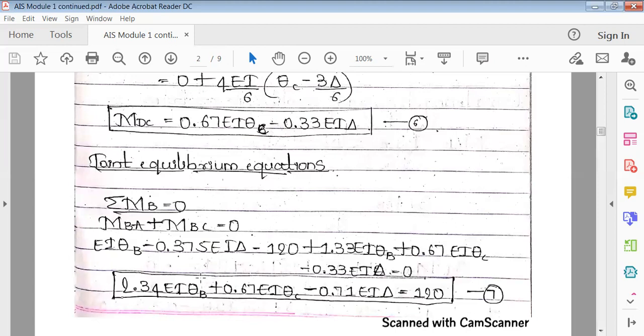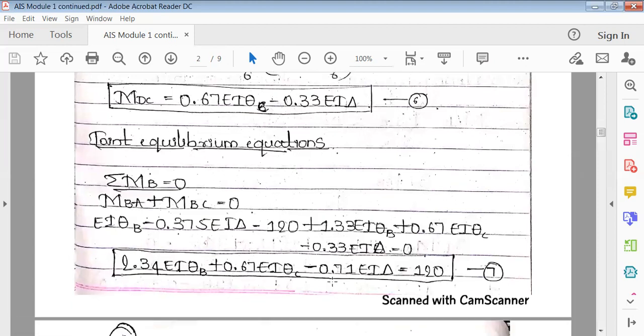So first theta B, then theta C, substitute the values here, add these values, then delta. This is minus EI delta, this also is minus EI delta, so add both of these and you'll get this. And 120 is a constant because it is minus; when it goes to the other side, it becomes plus. So this is the final equation which we'll be putting in the calculator.